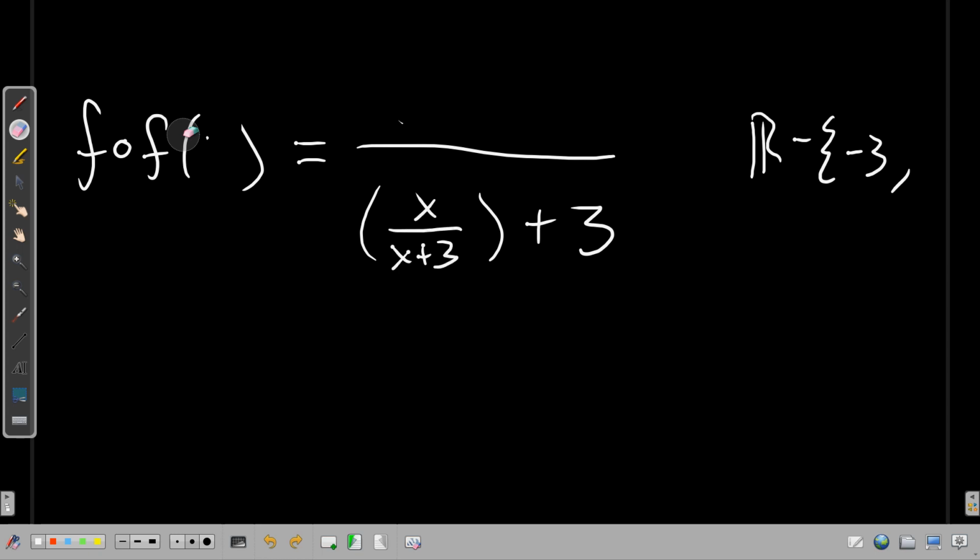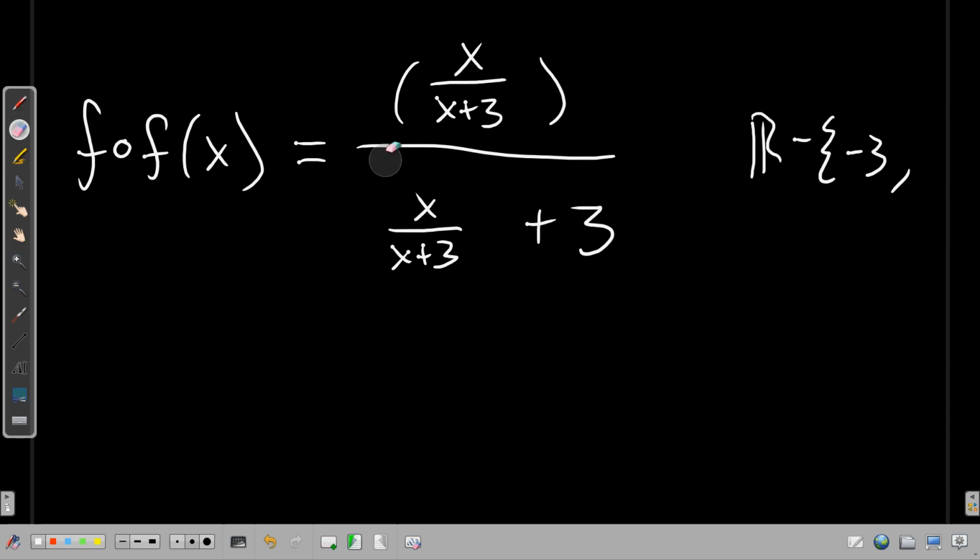But once you do all the writing for the composition, this is what you would be left with. And so it can't include the -3, but I'm wondering if there's also going to be another number that cannot be included. Well, it looks to me like it's just a repeat of the -3, but we'll see.